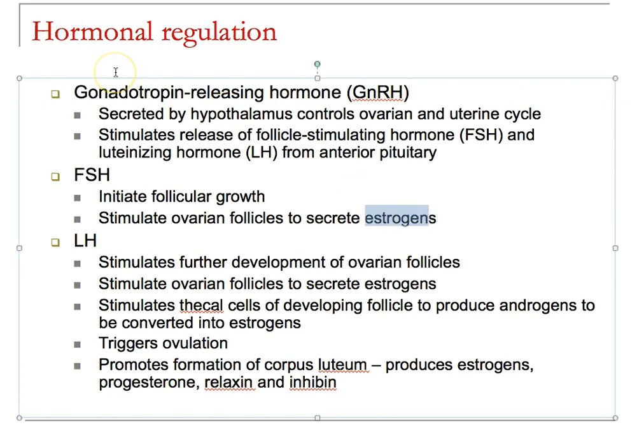So let's go like that, go like that, go like that. Luteinizing hormone, which we didn't discuss previously, stimulates the further development of follicles, stimulates them to secrete those estrogens as well. Okay? It's going to stimulate the thecal cells to produce androgens. Precursors to give us more estrogens.